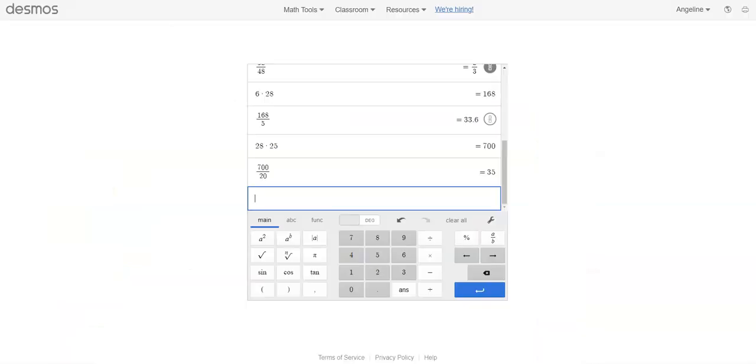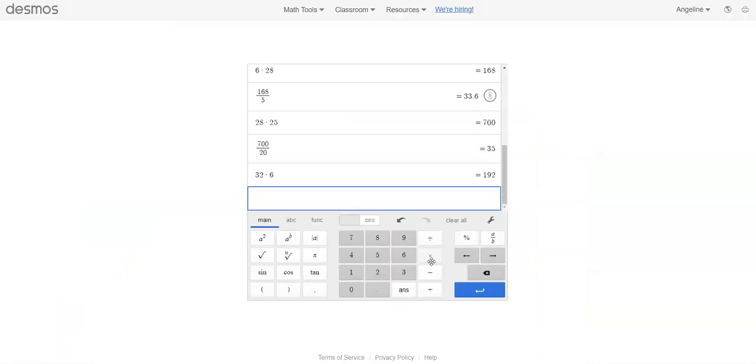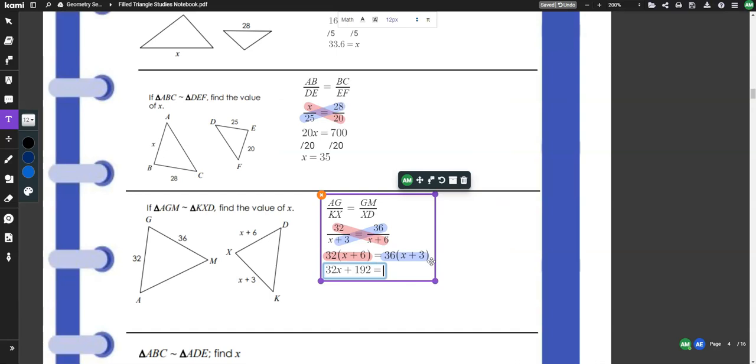32 times 6 is going to be 192. So the left-hand side is 32x plus 192. And then we need 36 times 3, 108. So we have 36x plus 108.